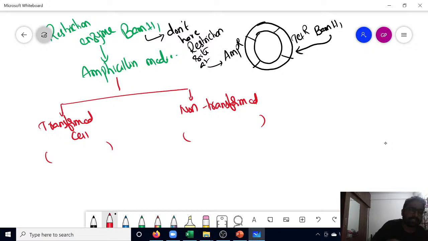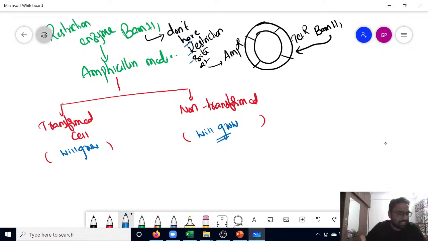Yes, now students, in the case of transformed cells also will grow, non-transformed cells also will grow. Why? BAM-H1 is not acting. See, BAM-H1 does not have a restriction site at AMPR.